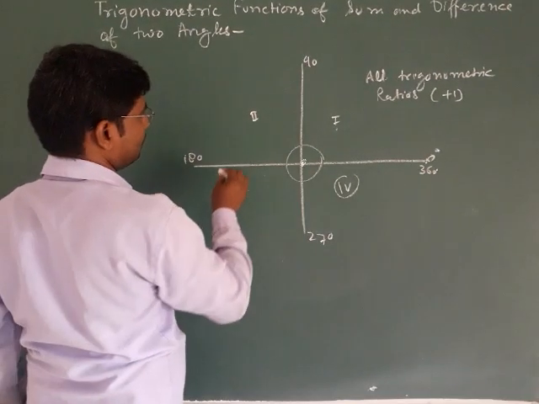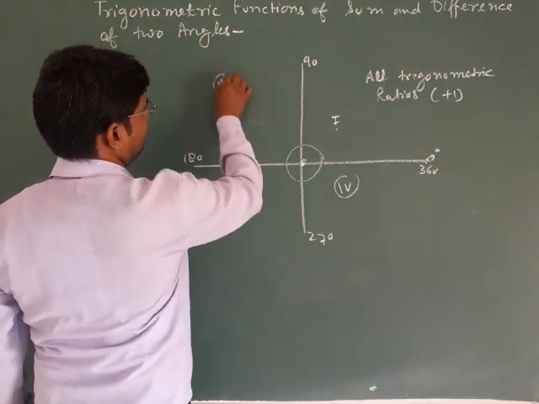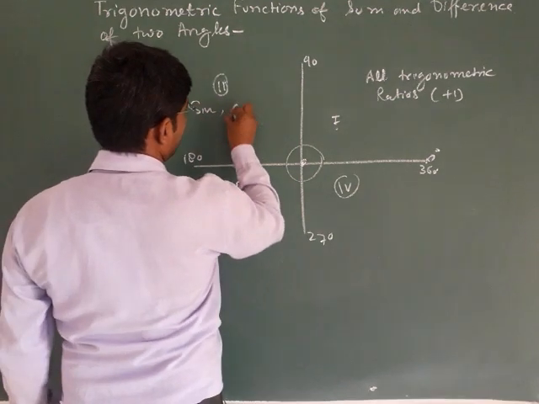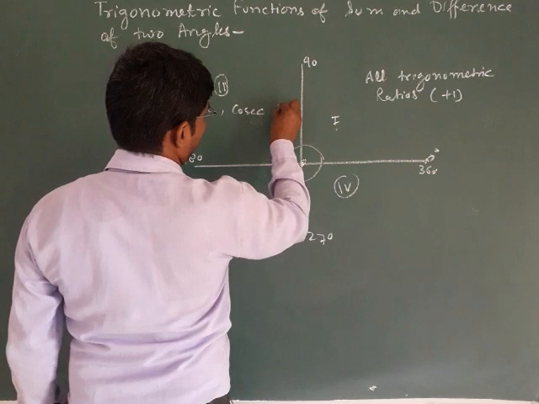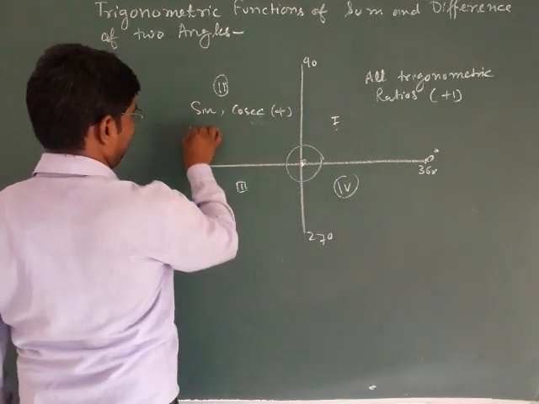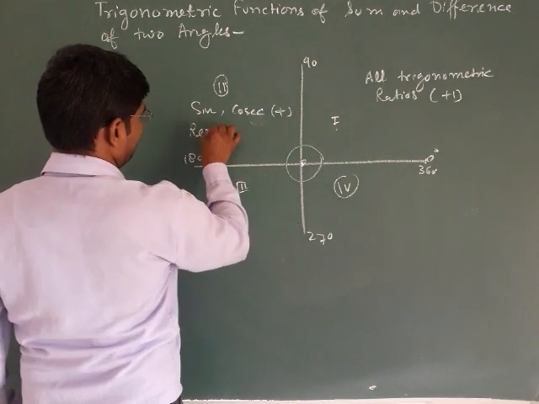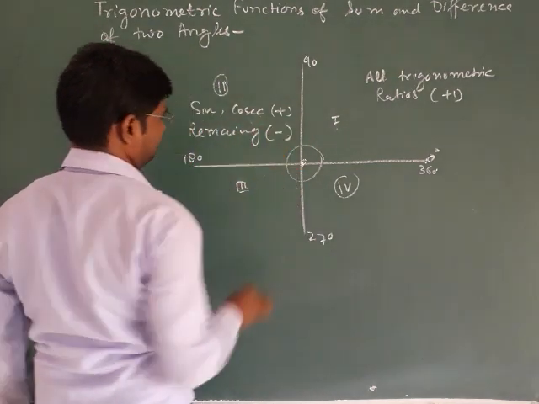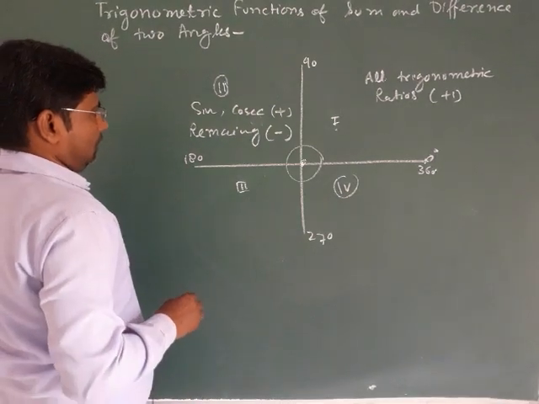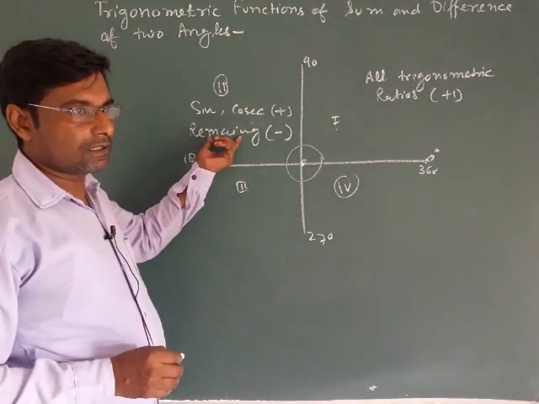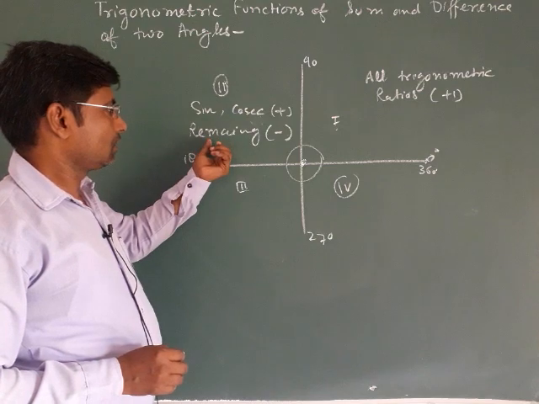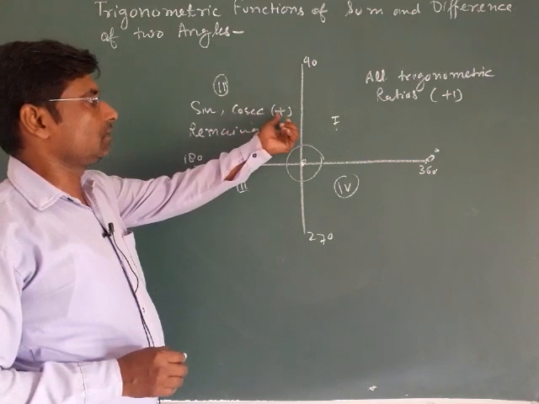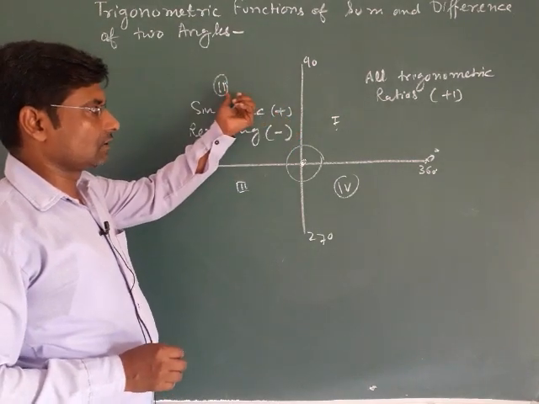In the second quadrant, sine and cosec values are positive and the remaining are negative. Remaining means tan, cot, cos, sec values are negative; sine and cosec are positive in the second quadrant.